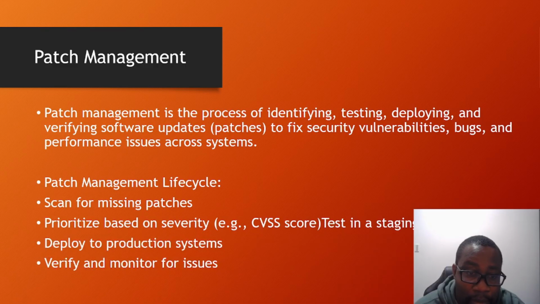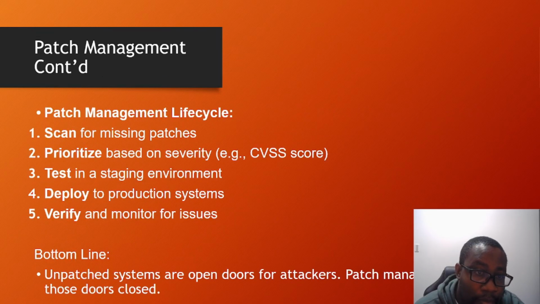You're going to test in a staging environment, deploy to production systems, and then verify and monitor for issues after you deploy those patches. So again, the patch management cycle is that you're scanning for missing patches, prioritizing based on severity, testing in the staging environment, deploying to production systems, and verifying and monitoring for issues.